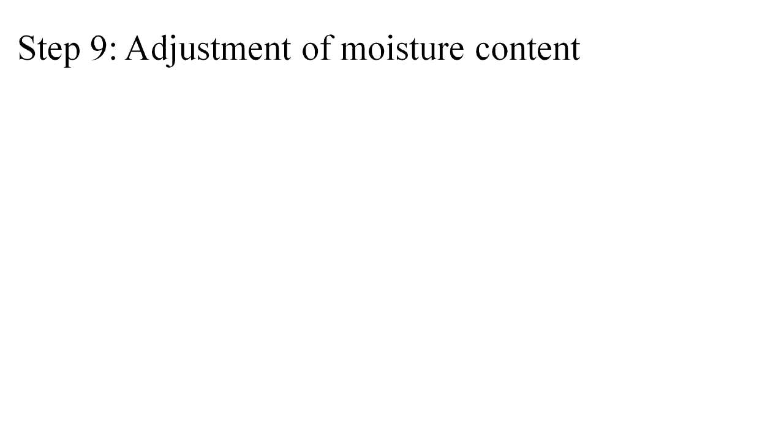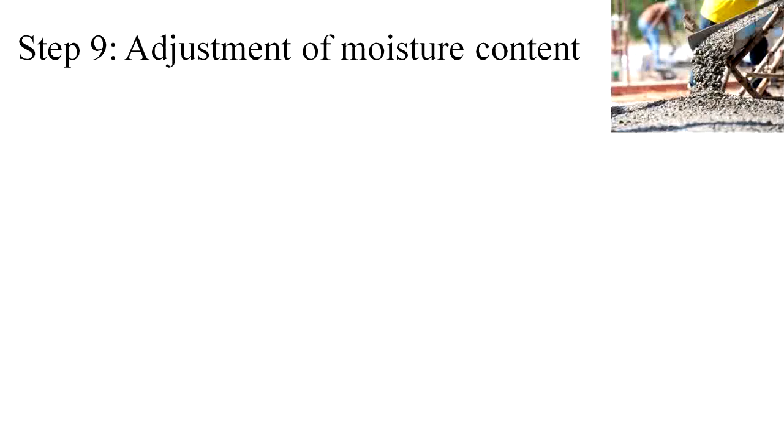But still, there is something else which we should do, which is the calculation for adjustment of moisture content. We know that in the starting of the problem, we have been given the water absorption for fine aggregate and coarse aggregate.